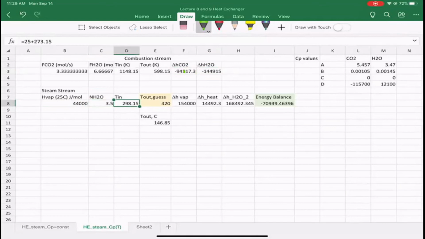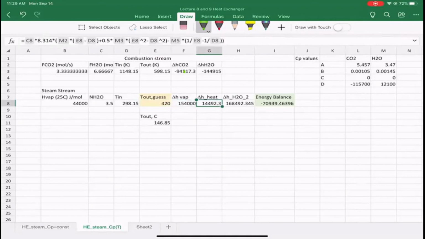And I thought that the best initial guess here would be our answer from the last time, where we assumed that the heat capacities were equal to a constant. And then here we have N times the heat of vaporization. Here we have NR times the integral from T1 to our guess. And then we have some calculated value for delta H, which is just the sum of those two.